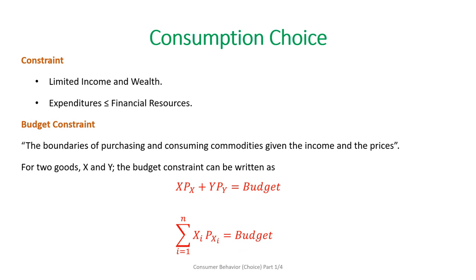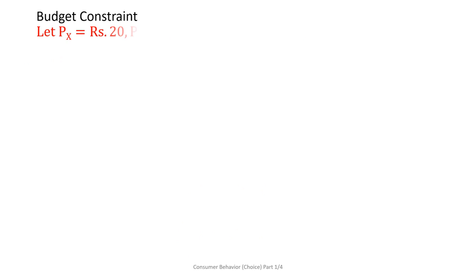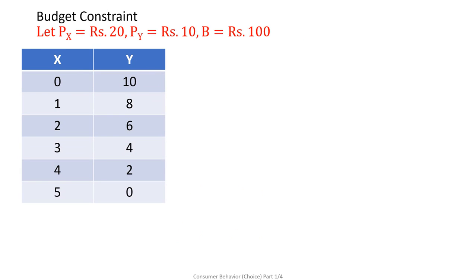Let the price of X be rupees 20, price of Y be rupees 10 and the total budget available be rupees 100. Now, if the consumer does not consume commodity X, he can spend all of the budget on good Y and can purchase 10 units of it.